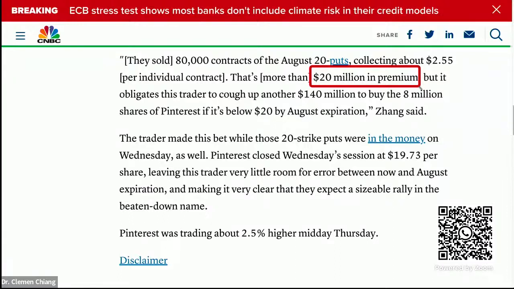At most, the risk is he loses 20 million in the event Pinterest decided to go up. But in the event Pinterest decided to go down, he will make much, much more than 20 million. So the risk is a maximum of 20, the reward can be 100 million. And that is why the article is wrong to assume the trader sold. He should assume the trader bought.